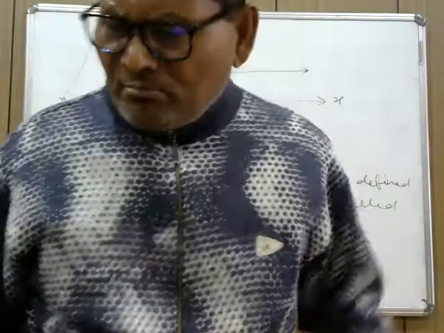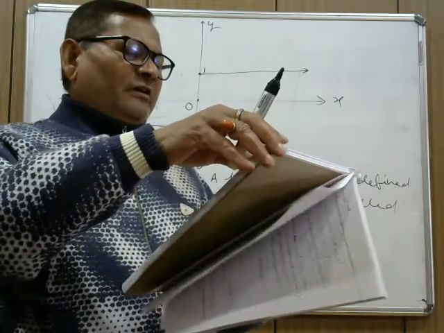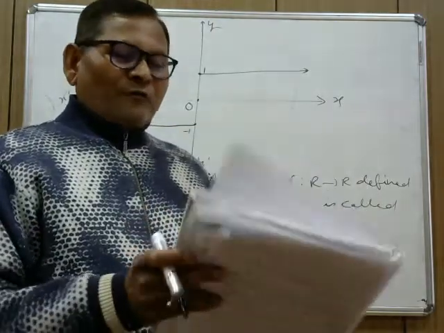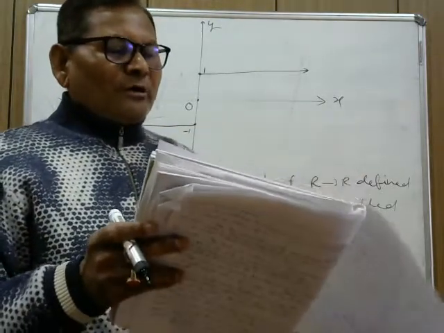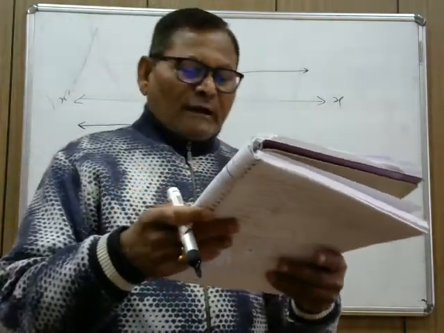I will give you some examples to make it clear, because this is very confusing. You also inform me about your learning procedure, and if there is any doubt, tell me.